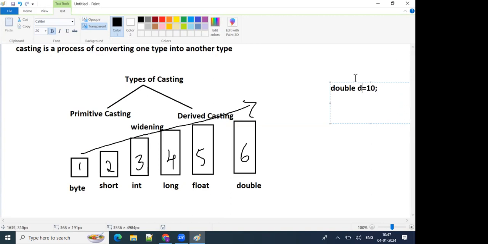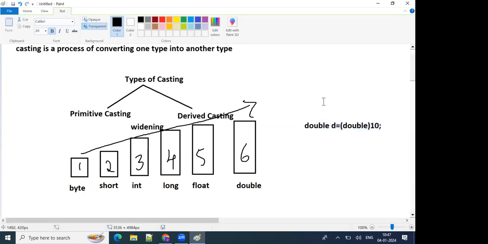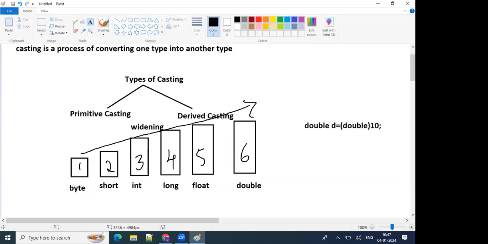When you are doing that, conversion is not mandatory. Even if you write it, no problem. If you don't write it, automatically it will convert. That's why we say auto widening.